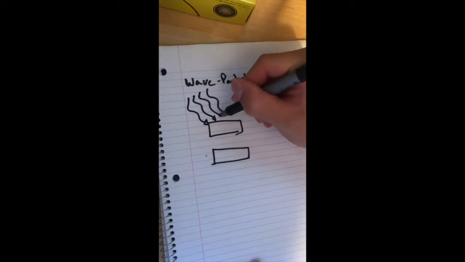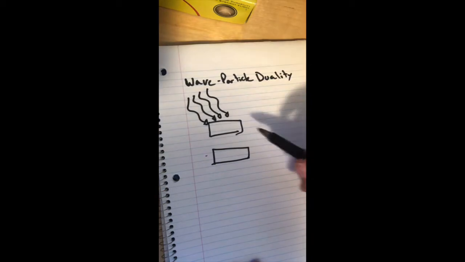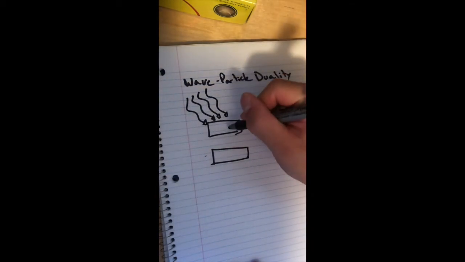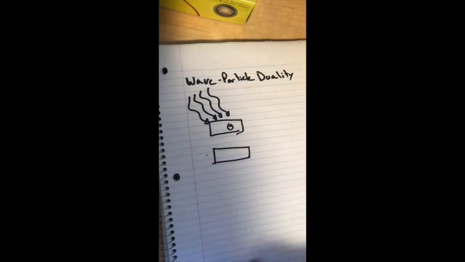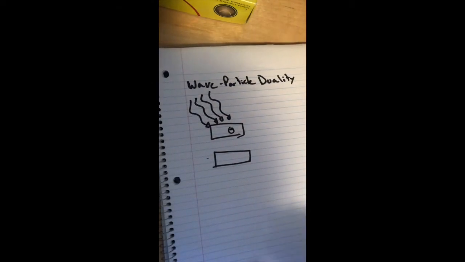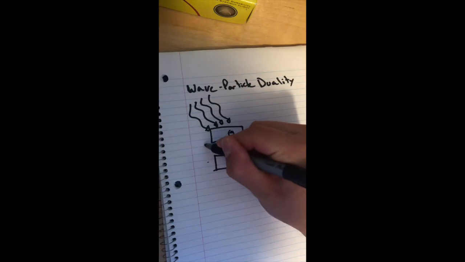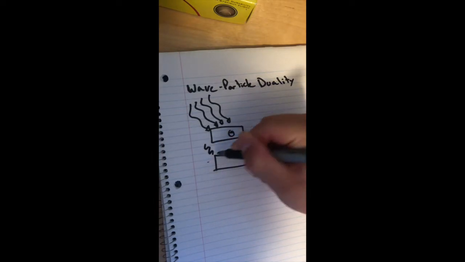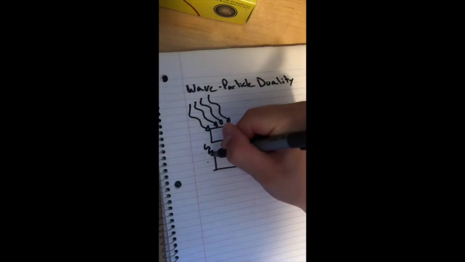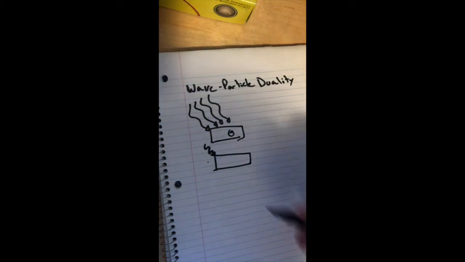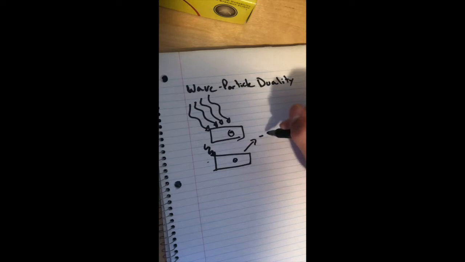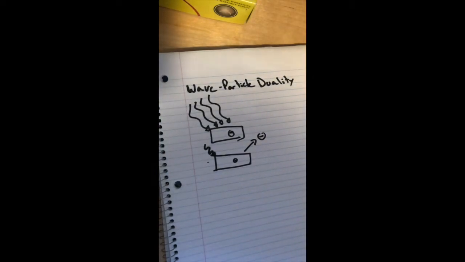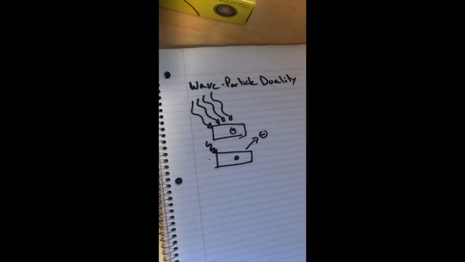And no matter how hard they tried, or how much light they put on there, at this wavelength, they could not get this electron off the page. This electron was staying right here. And then they shone just one single tiny little photon at it at a certain wavelength, and they were able to get this electron to jump off. Okay, so this electron's gone now. So they had to figure out why that was occurring.